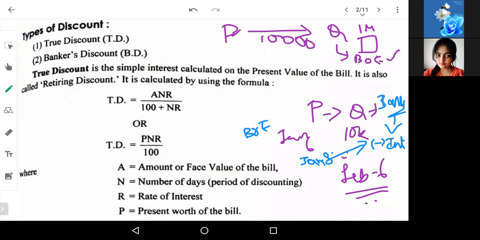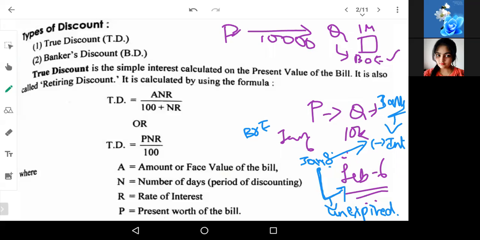Jan 6th he got the bill of exchange, on Jan 8th he has taken it to the bank. Now from January 8th to February 6th, this is the unexpired period. It has not expired yet. February 6th has not come yet. So Jan 8th to February 6th is called the unexpired period.